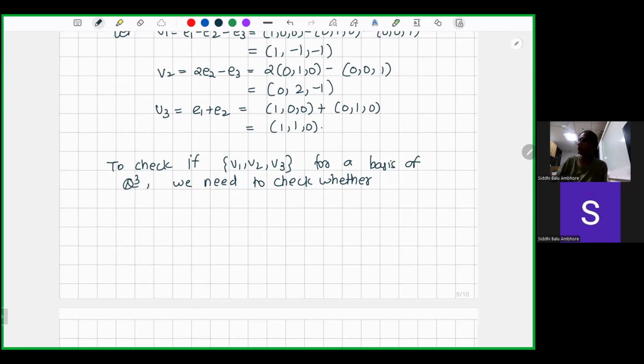So we need to check whether V1 to V3 is a linearly independent set.